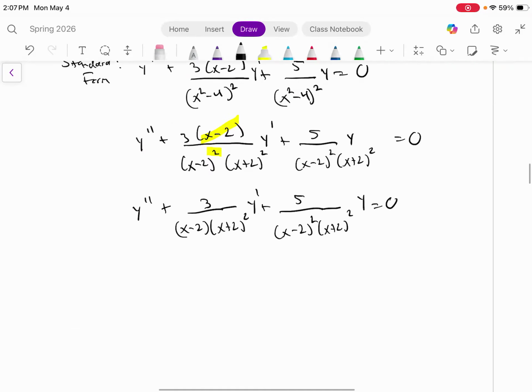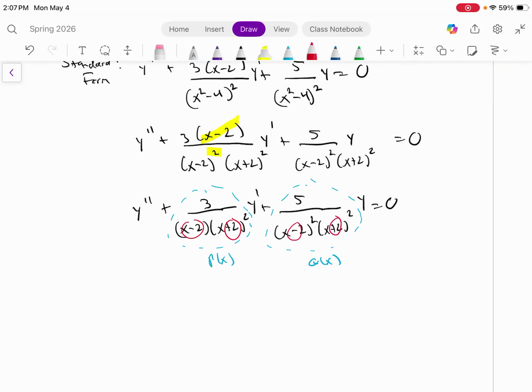A couple things we can note about it: this is that P of x, this is that Q of x. And in the denominators, we have x minus 2, x plus 2, x minus 2, x plus 2.